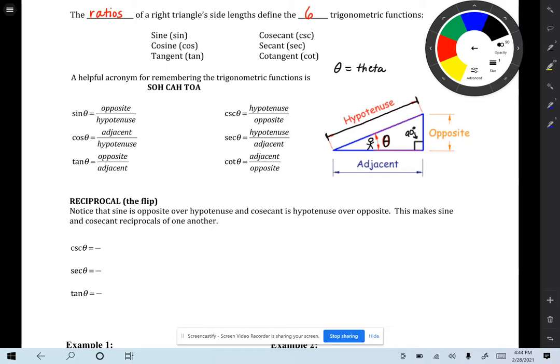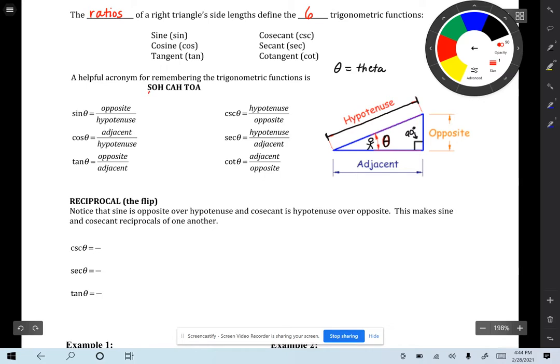And so now that you know what theta is, and you know that a right triangle consists of a 90-degree angle and then two acute angles, we can define the six trigonometric functions. The sine of theta is always the opposite side over the hypotenuse. And so this is where you get the acronym.